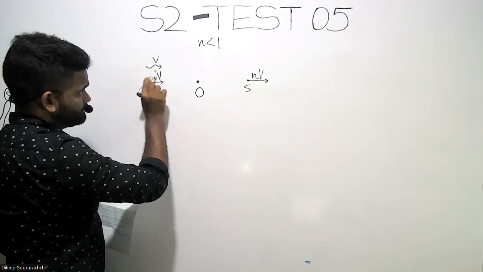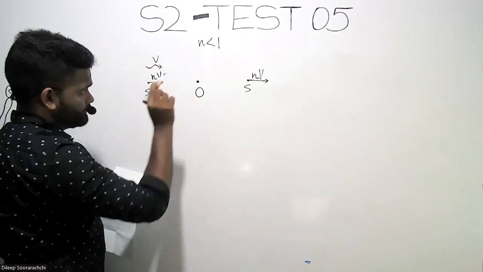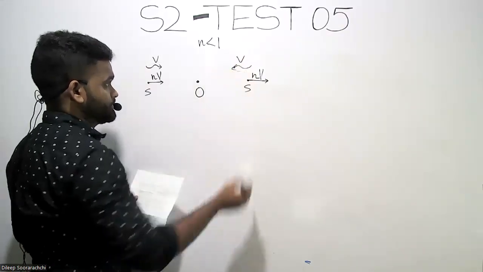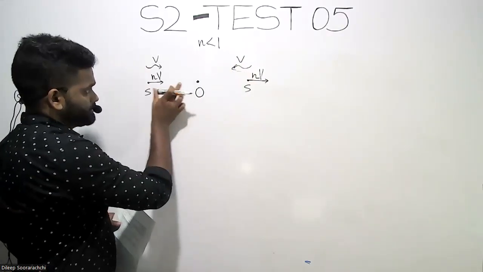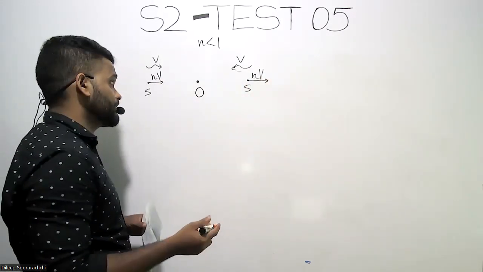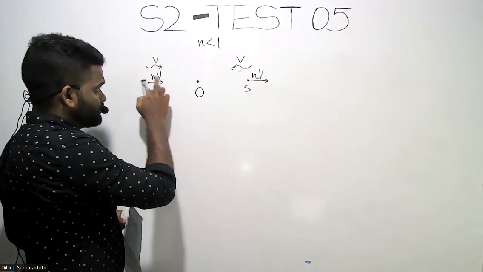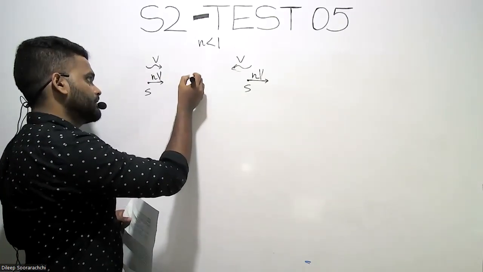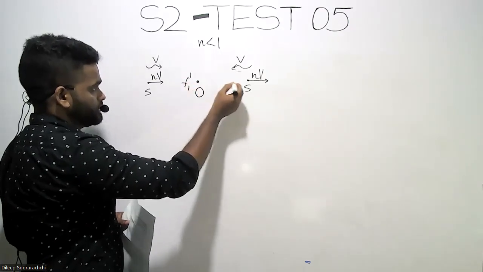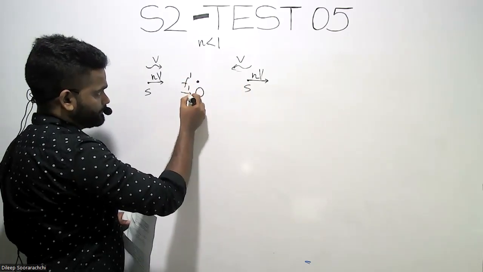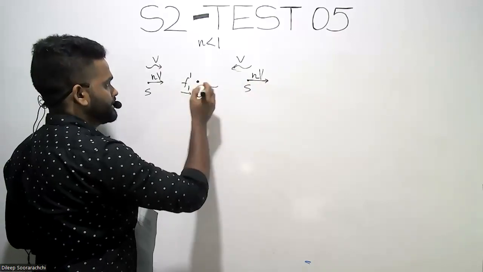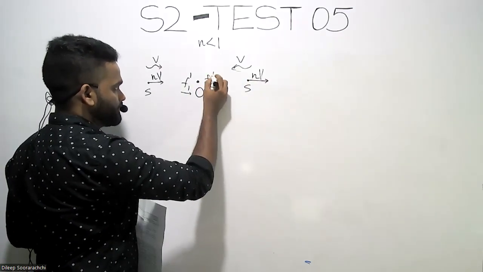Here the sound wave is towards the observer. Here also the sound wave is towards the observer. Here the source is moving towards the observer. Here the source is moving away from the observer. When the source is moving towards the observer, let's say the apparent frequency heard is f1 dash. If the source is moving away from the observer, let's say the apparent frequency heard is f2 dash.